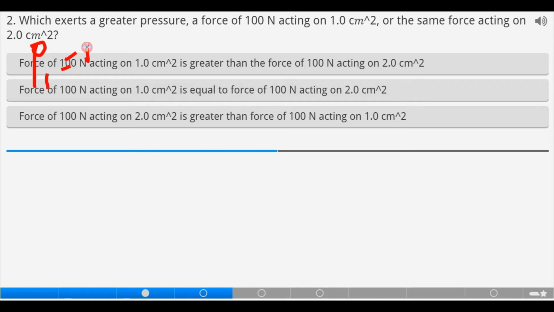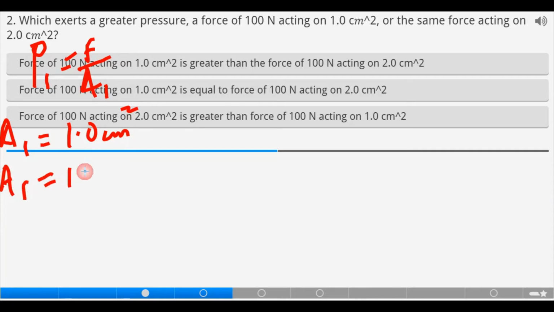That will be F over A1. Don't forget that our A1 is 1.0 centimeter squared. So A1 now will be what? 1.0 times 1.0 centimeter squared. So let's convert centimeter squared to what? Meter squared.